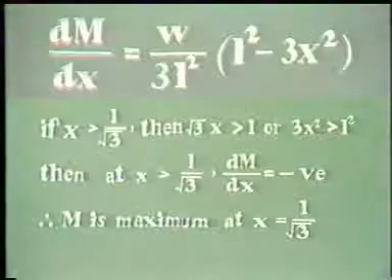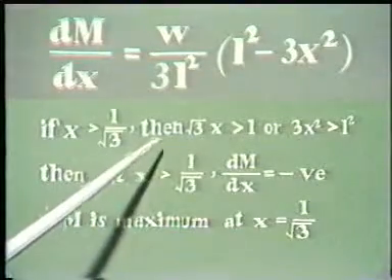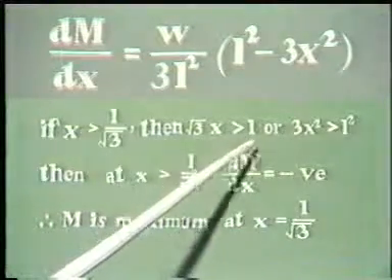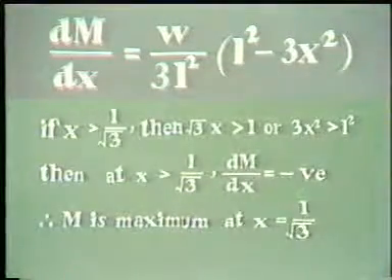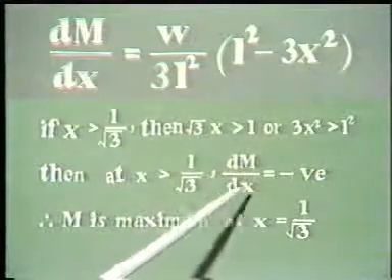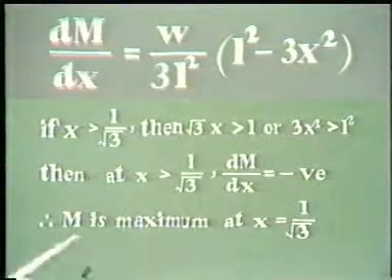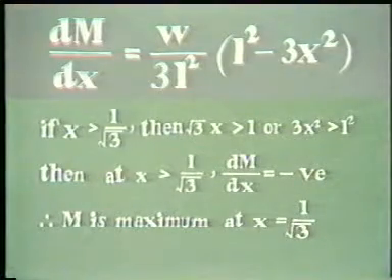Then if x is more than l by root 3, then root 3 x is more than l, or 3x square is more than l square. Then at x more than l by root 3, dM by dx is negative. Therefore, M is maximum at x equal to l by root 3.